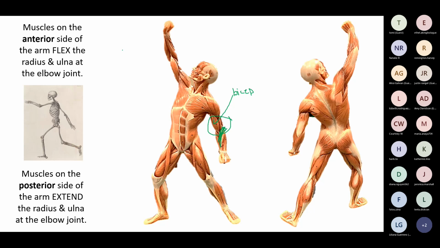When we talk about extension at the elbow joint, what helps us with extension, the big one is triceps brachii. So triceps brachii back here on the back side of the arm, that's my major extensor at the elbow joint. Biceps does flexion. Triceps on the back side does extension. Elbow joint.